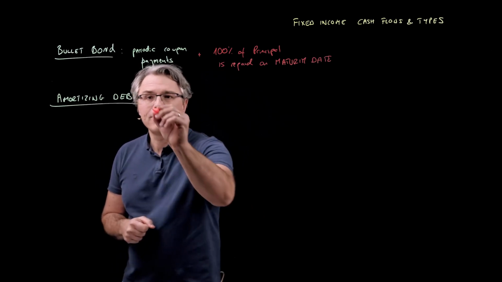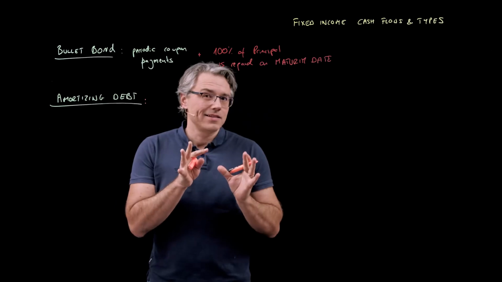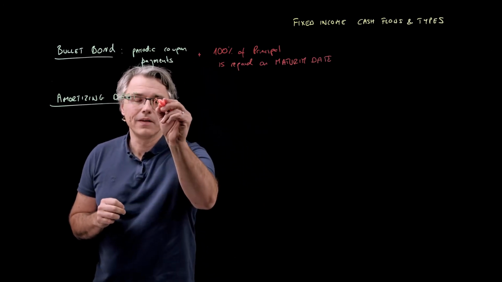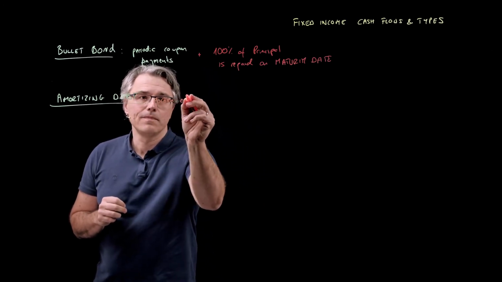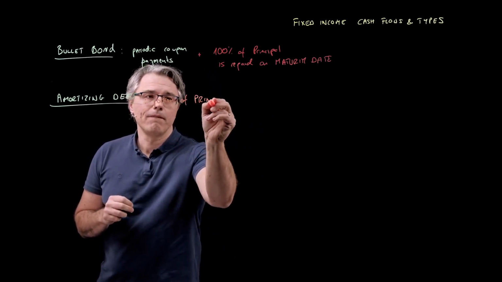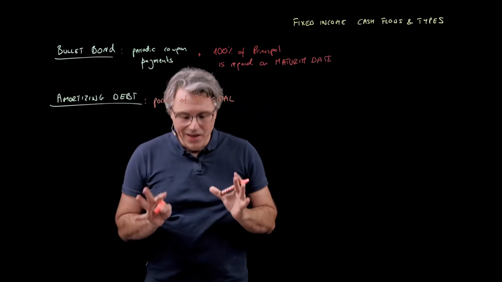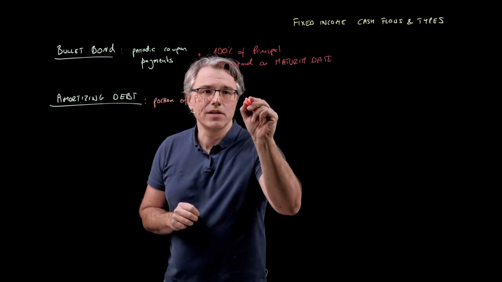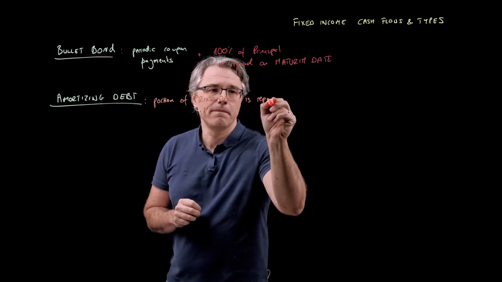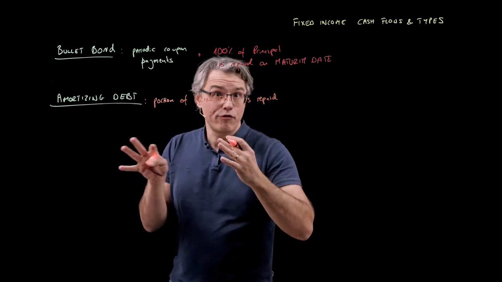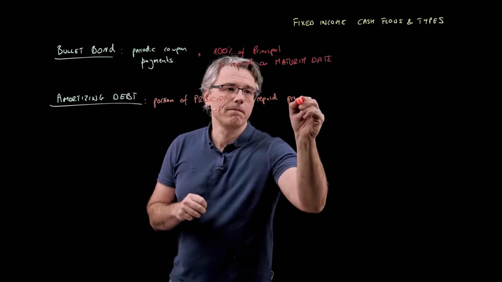So what's going to happen here is that at least a portion of the principal, I'm not saying 100%, but at least a portion of that principal is repaid by the issuer prior to the maturity date.